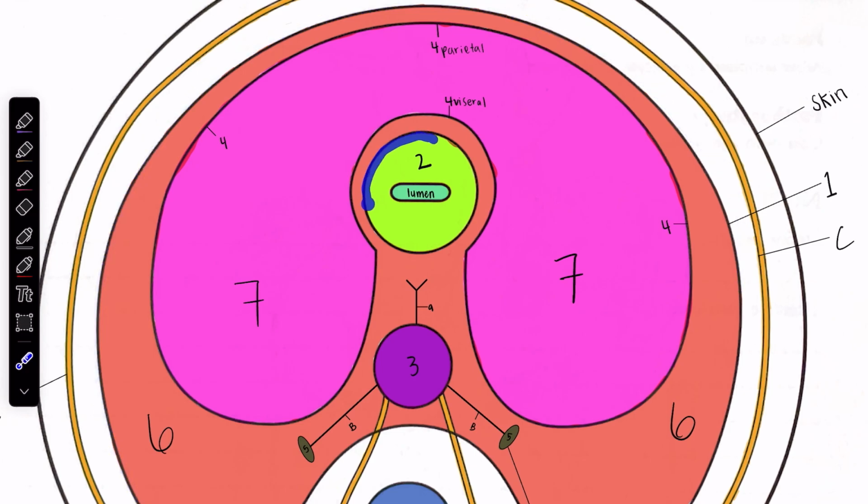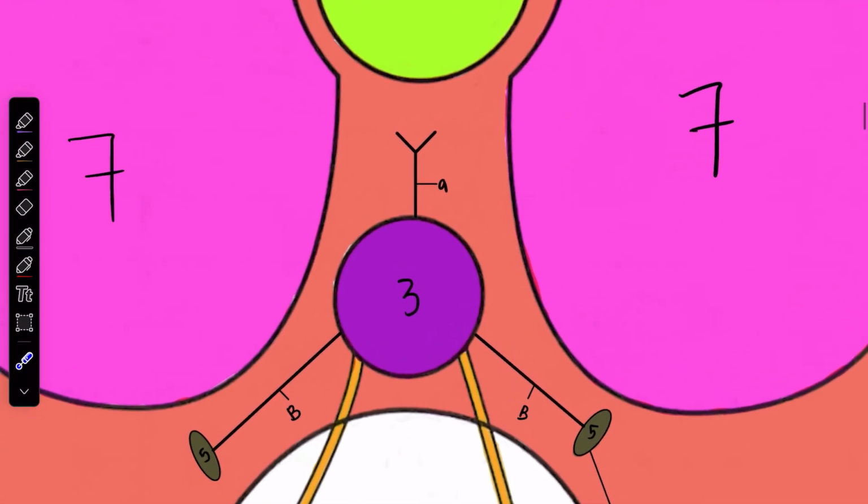Number two is the intestine. Three, here's your aorta, and I've got the branches drawn in here. As I said earlier, the whole reason why I'm doing the video is the branches off the aorta. So A, right here.